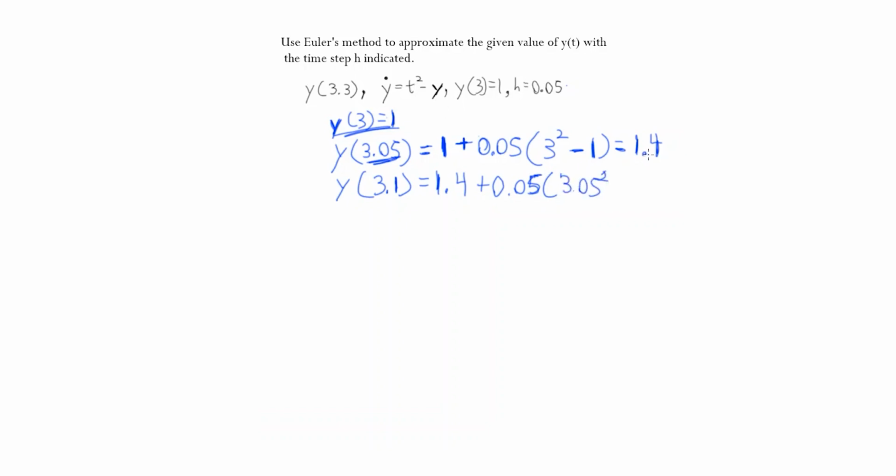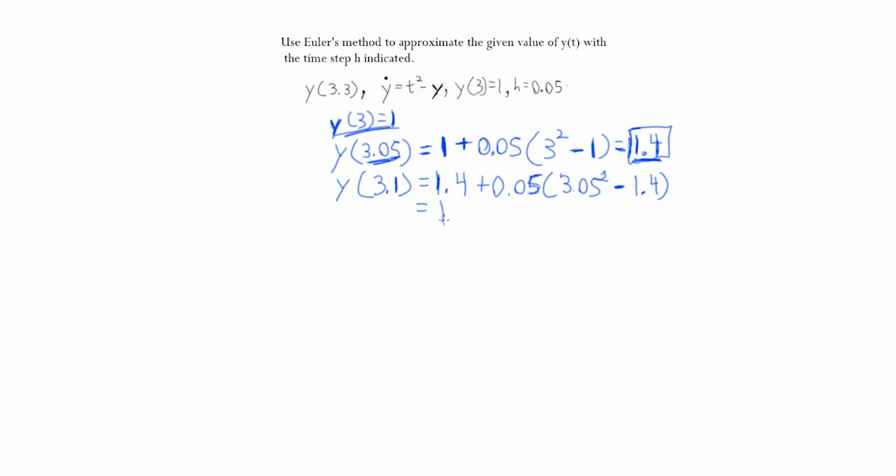We plug in the y value we just found, minus 1.4. Do you understand why it's getting very complicated very fast? You could box your answers to keep track of it better. It's up to you. Then use your calculator again to figure out the new value.